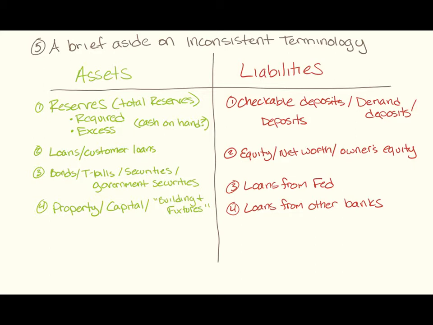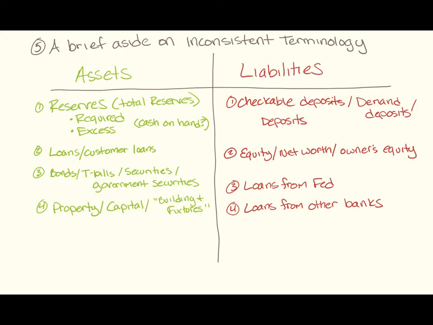For liabilities, they'll refer to deposits as either demand deposits, which is mostly what they refer to it as lately. Occasionally, they'll also call them checkable deposits, and sometimes they'll just list them as deposits. For the outstanding equity in the company, there's a couple of different terms that they'll use for that. Sometimes it's listed as equity.